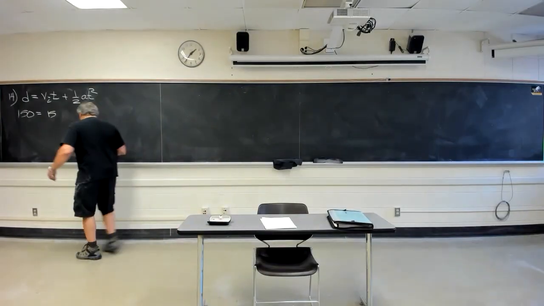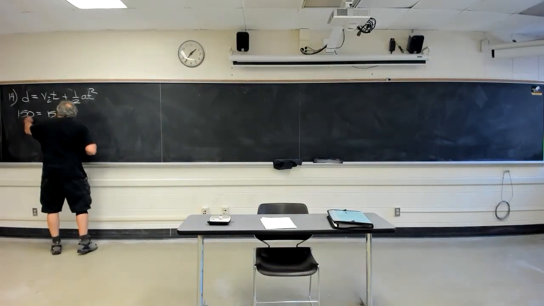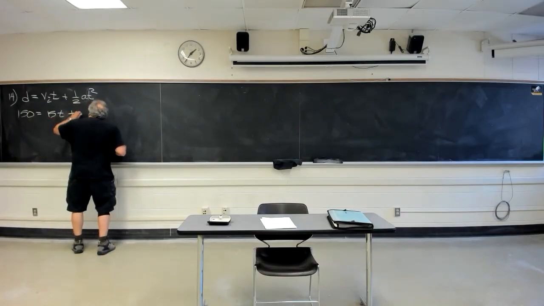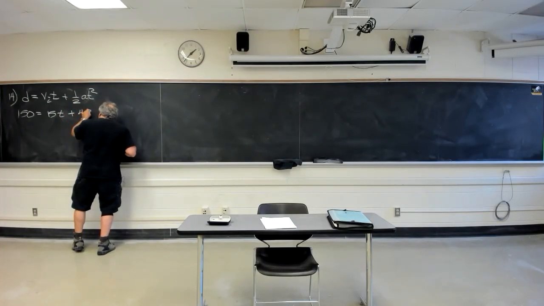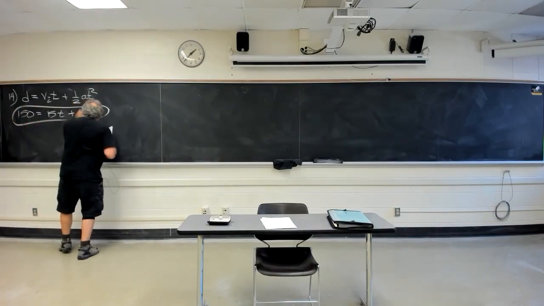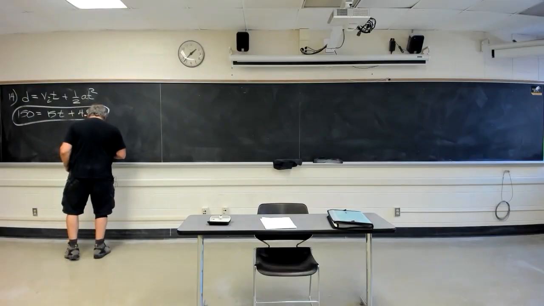Here's 150, here's 15. I don't know what t is. a is 9.8, and 1/2 times 9.8 is 4.9. This is the equation that has to be solved for t.